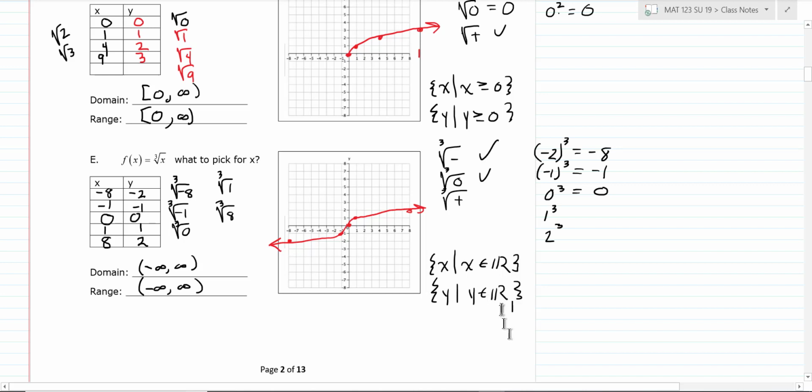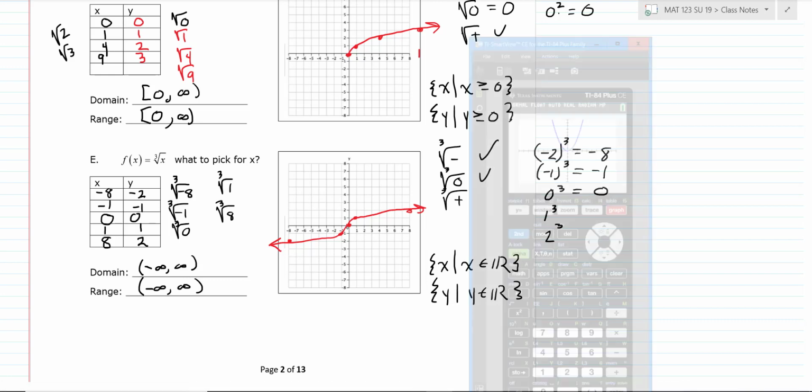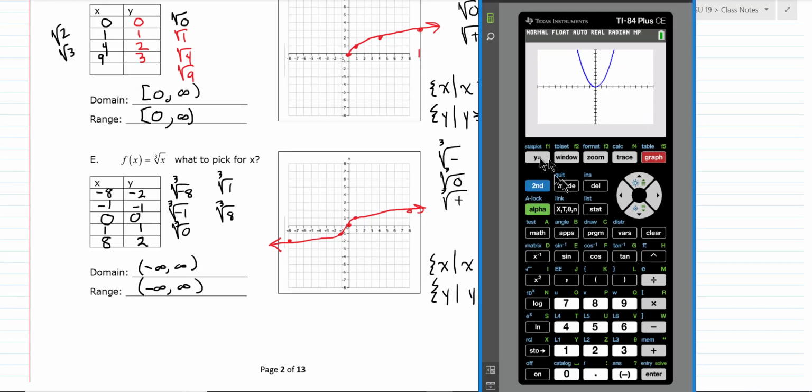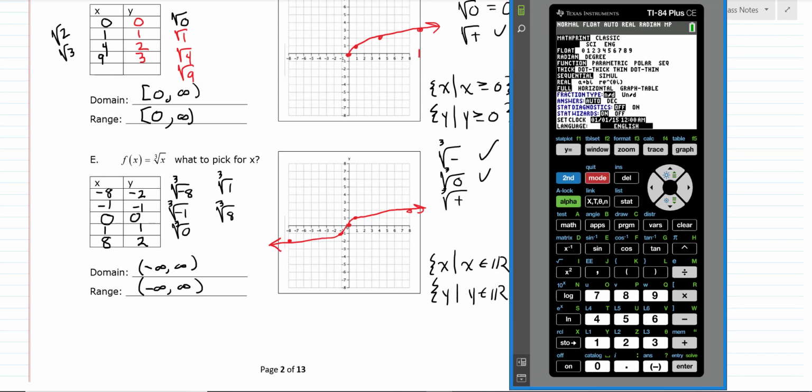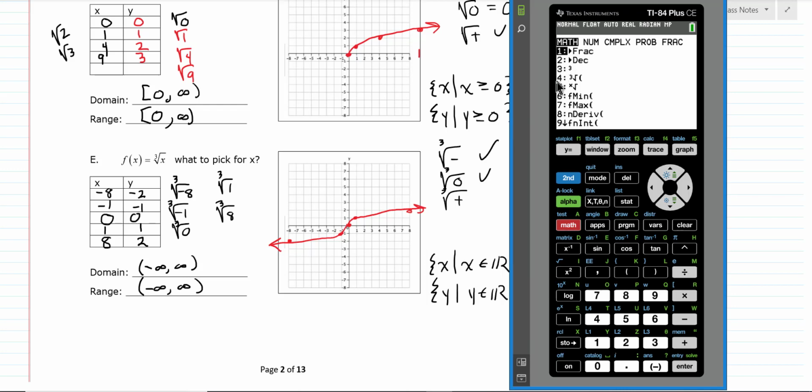Let me show you a couple things on the graphing calculator also that's worth knowing. So if you want to check this out on your calculator, I was going to show you where the cube root is. Under your math button, if you press math, you'll see this option 4 is a cube root.